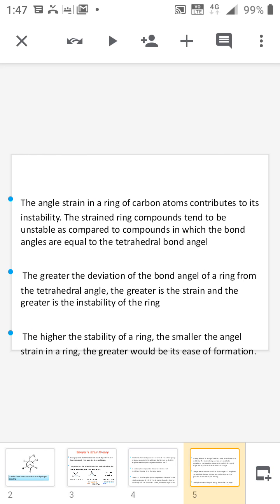And the fifth point, the greater the deviation of the bond angle of a ring from the tetrahedral angle, the greater is the strain and the greater is the instability of the ring. And the last point, the higher the stability of the ring, the smaller is the angular strain in the ring, and greater would be its ease of formation.